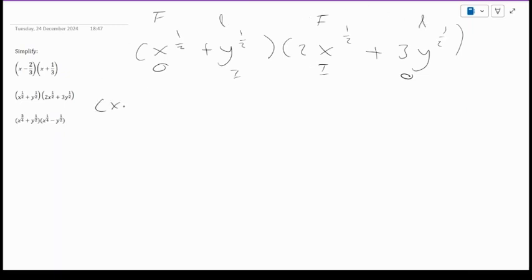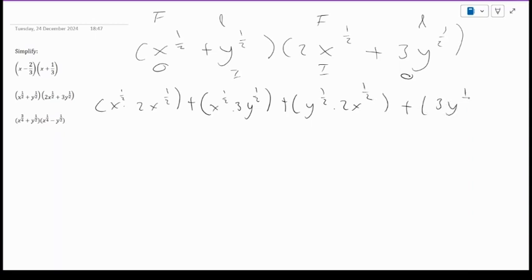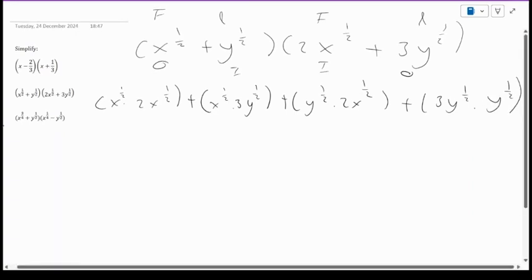Then multiply. x to the power half multiplied with 2x to the power half as well, plus x to the power half multiplied with 3y to the power half, plus y to the power half multiplied with 2x to the power half, and then we have 3y to the power half multiplied with y to the power half.